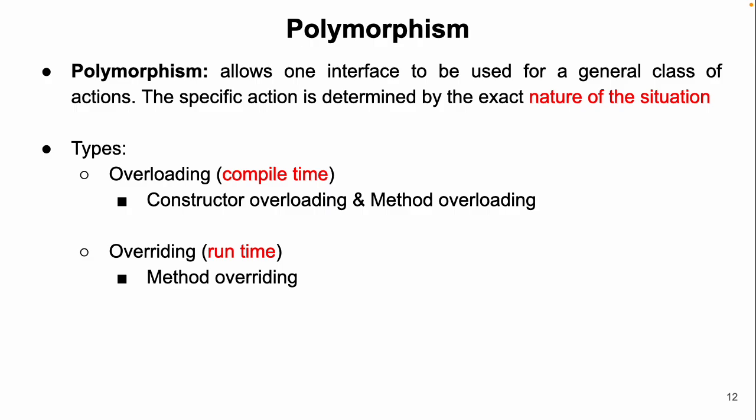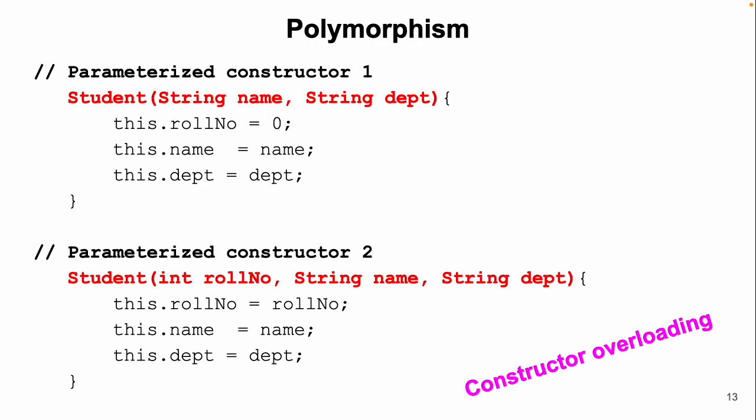We will see here. I have two parameterized constructors, one with two arguments, name and department, and another with three arguments, roll number, name and department.